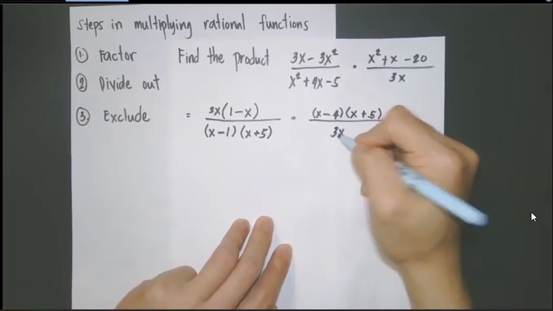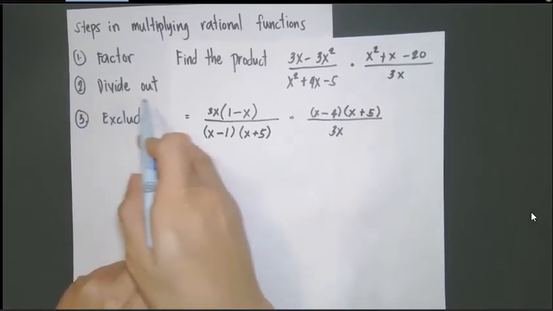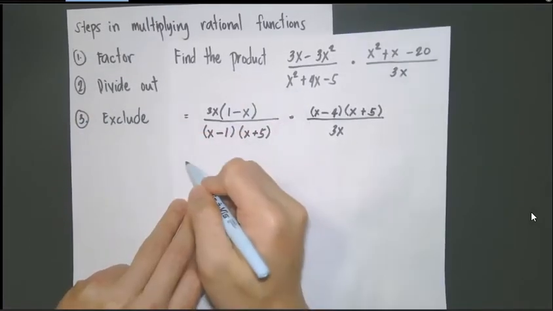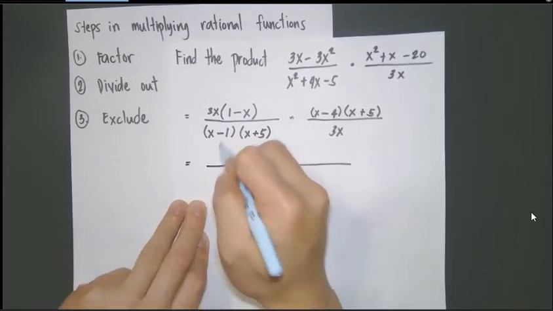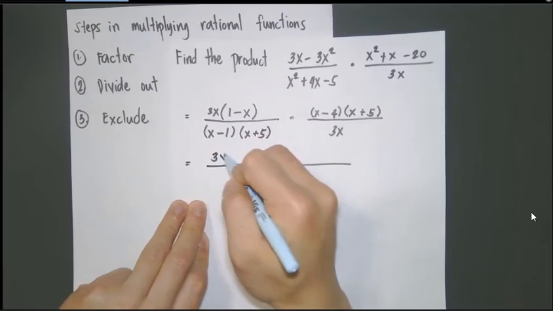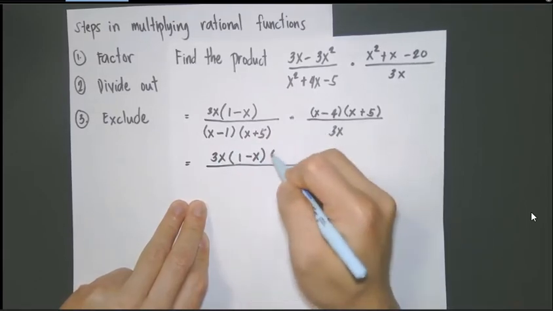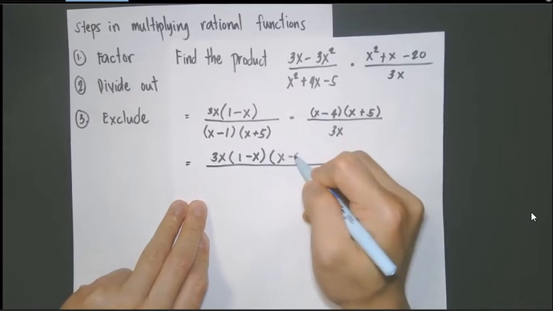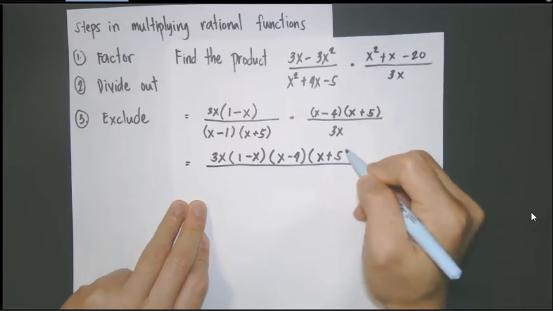Just copy 3x. Now, to easily do step 2, which is to divide out the common factors, let's place them in a single fraction sign. So let me just copy this. 3x times 1 minus x times x minus 4 times x plus 5.